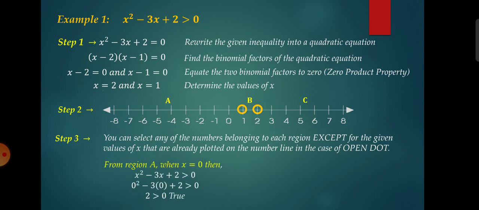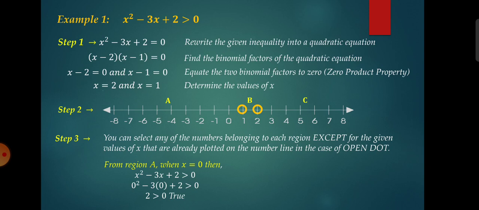Okay. So for example, from region A, I select the value of x which is equal to 0. So to the next step, i-plug in ang value sa x ngato sa original inequality given, x squared minus 3x plus 2 greater than 0. So when x is 0, pulihan na ra ang x of 0: 0 squared minus 3 times 0 plus 2 greater than 0.